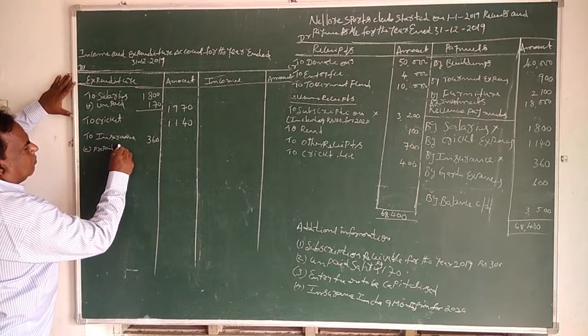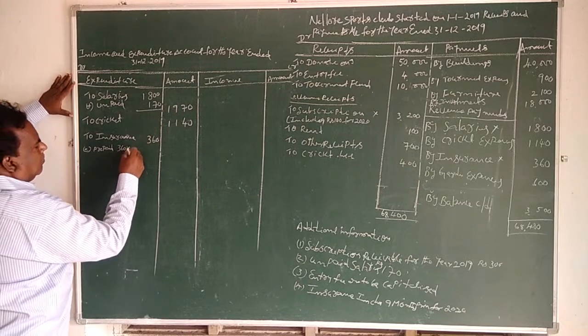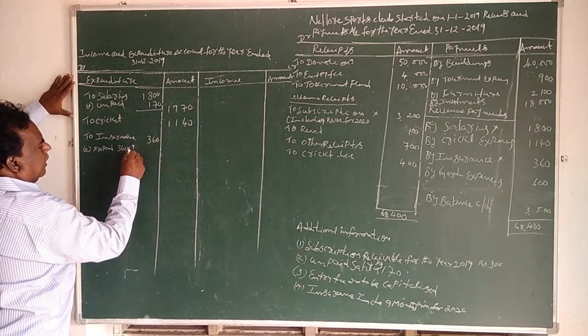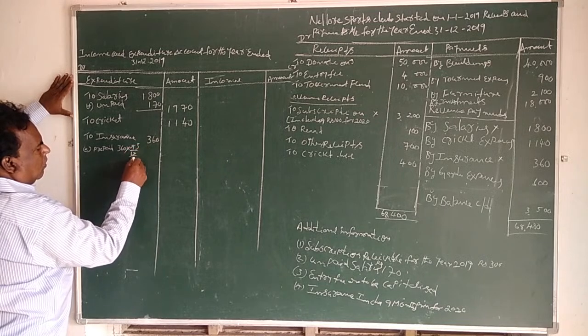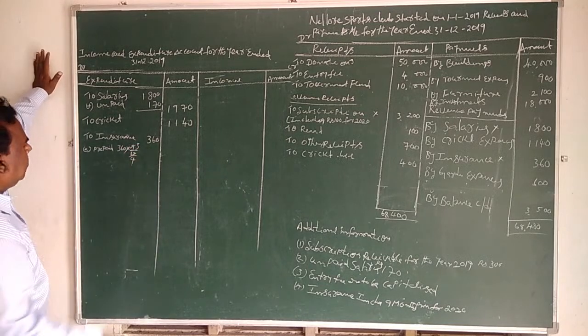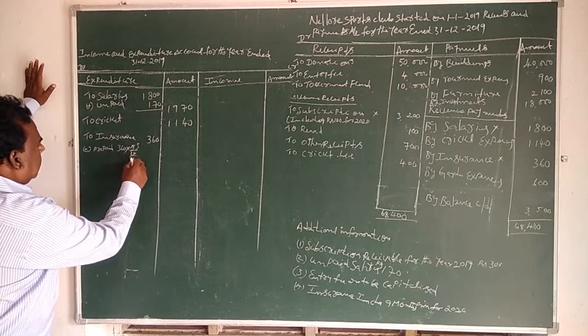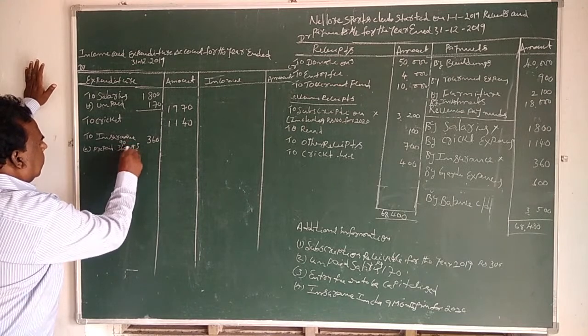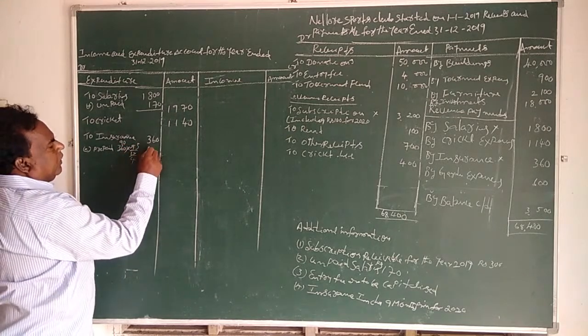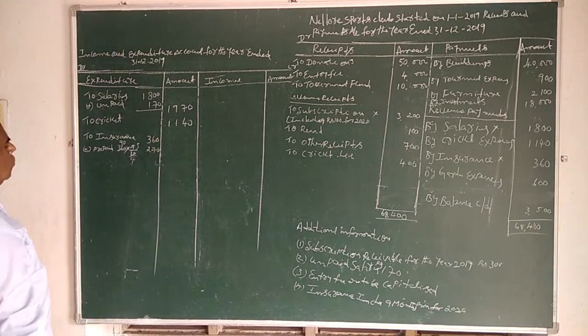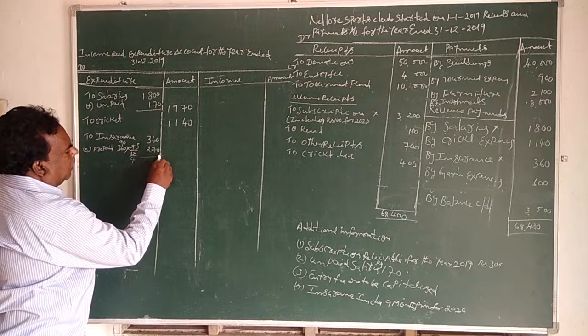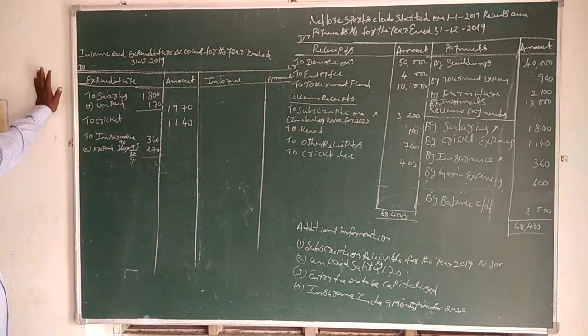Prepaid for 9 months is 360 multiplied by 9 by 12, which is 270 rupees paid in advance. So 270 rupees premium is related to next year 2020.